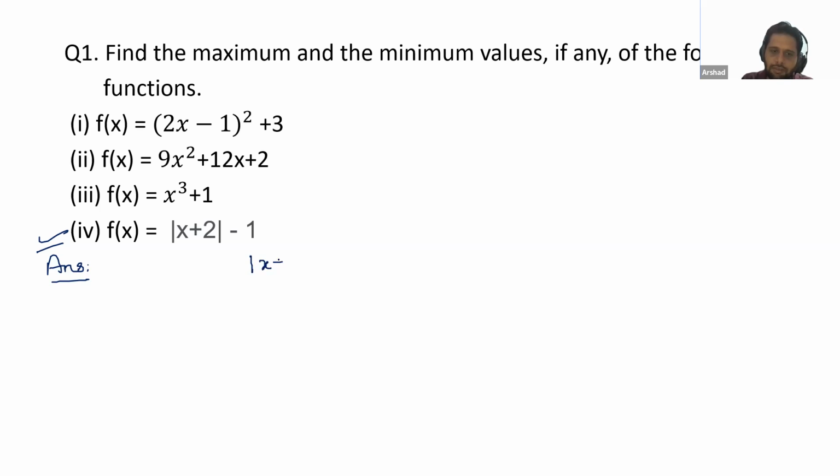So can we say this mod x plus 2 is greater than or equal to 0? Is this correct? Please raise your hands if it is correct. Can we say that mod x plus 2 is greater than or equal to 0? Is it correct?